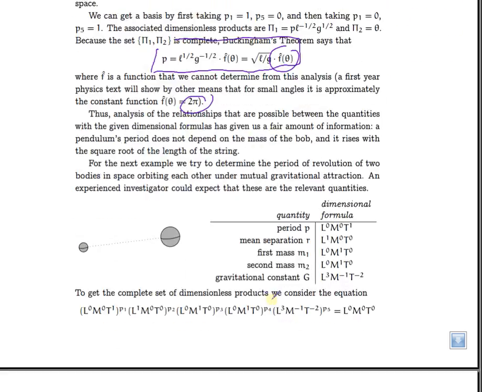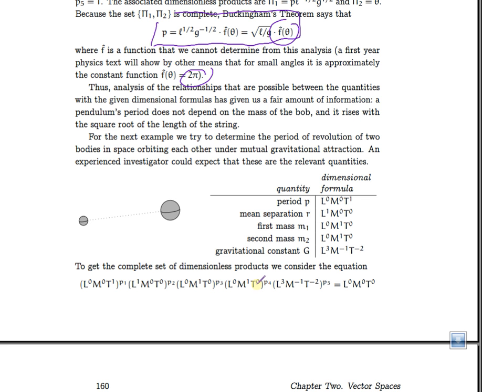Okay, let's do the same thing with the period of the planets orbiting the sun. Let's see how far we can go just by consideration of the dimensions. Okay, so here are the possible physical quantities involved. The period, the separation between the sun and the planet, the mass of the planet, the mass of the sun, and the gravitational constant.